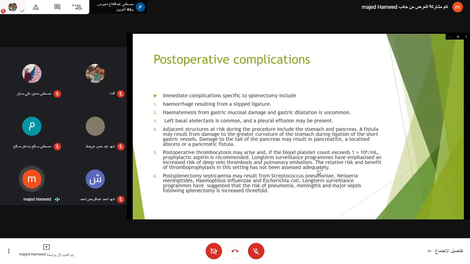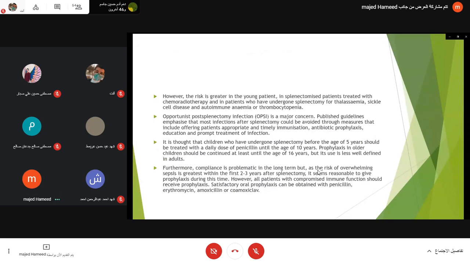Post-splenectomy septicemia may result from Streptococcus pneumoniae, Neisseria meningitidis, Haemophilus influenzae, and E. coli. Long-term surveillance programs have suggested that the risk of pneumonia, meningitis, and major sepsis following splenectomy is increased threefold.